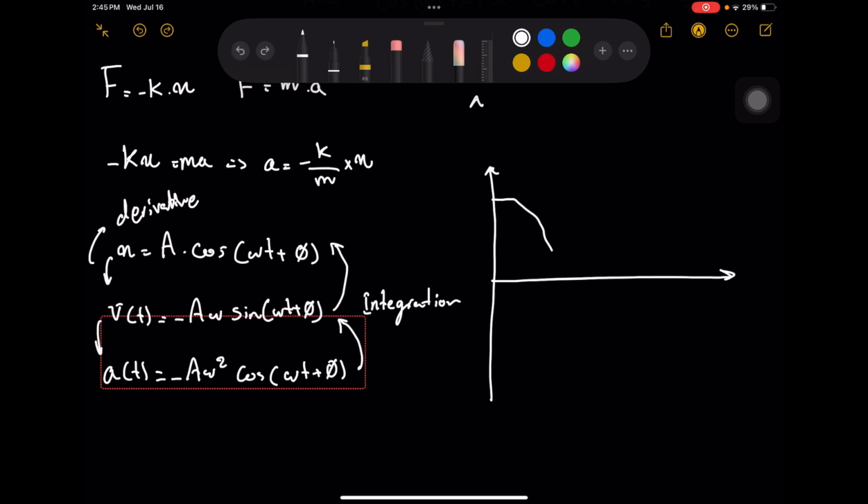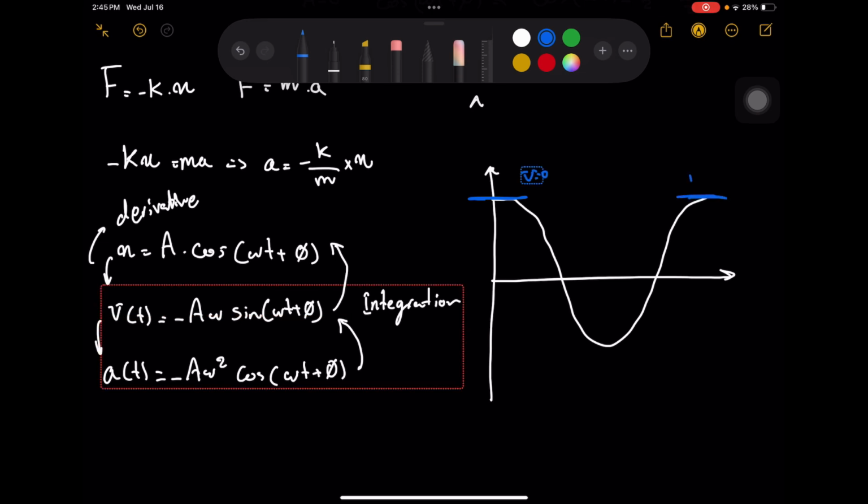We said that the derivative of our motion is equal to the velocity. So the slope of the graph at any moment, for example at moment 0, it's here. What is the slope here? It's 0, so the velocity is 0. And again here, the slope is 0, so the velocity is 0.